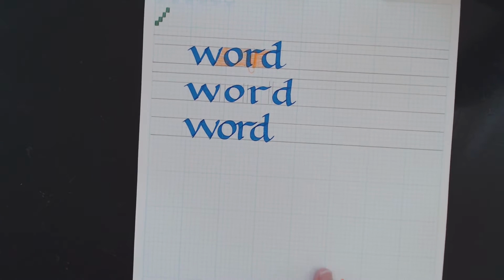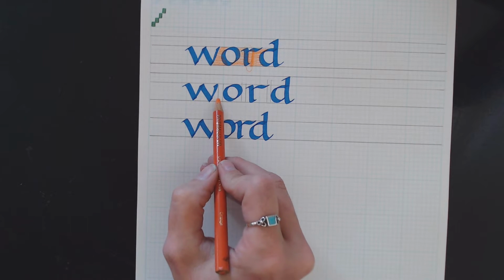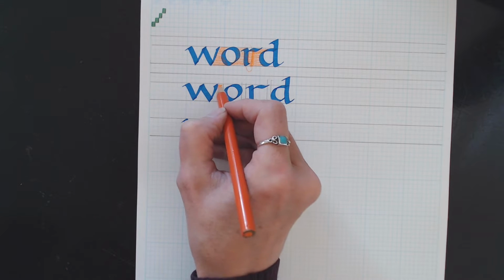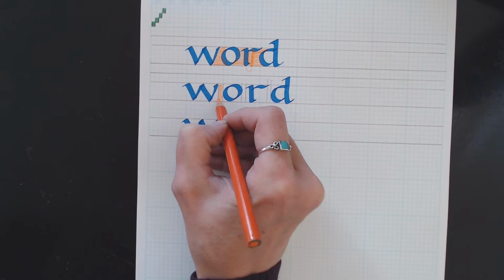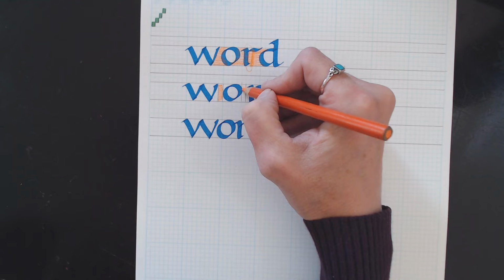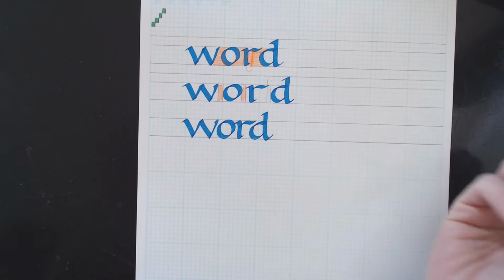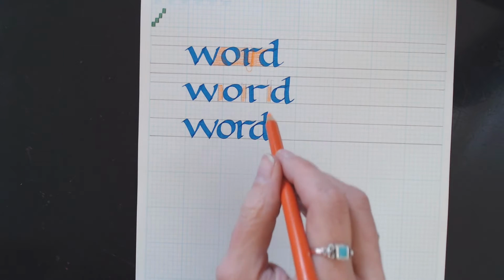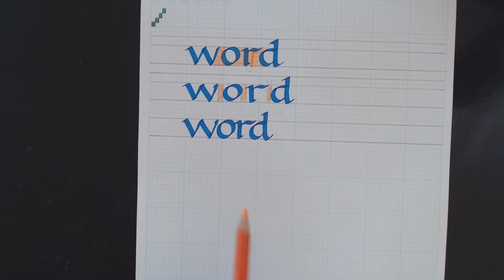And then the next example, I'm working on graph paper. I put the width of 1 square in between each letter here. I was reading the word "word," and I was trying to say the word "letter" instead of the word "word."